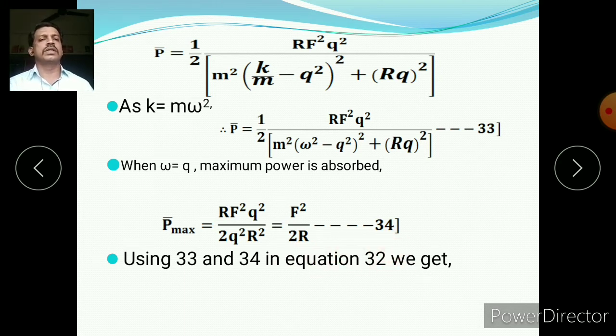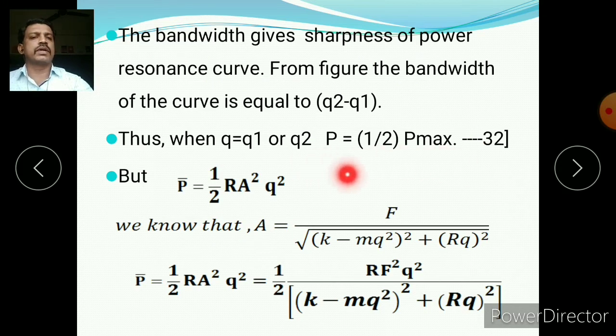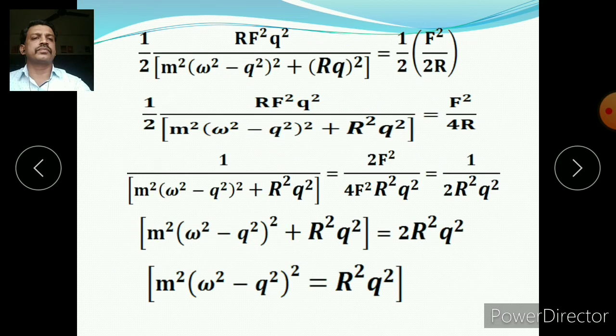Using 33 and 34 in equation 32, that is P equals half P max, where P is the average power and here it is P max. Therefore half R F square Q square upon M square [omega square minus Q square] square plus R square Q square equals half of F square upon 2R.